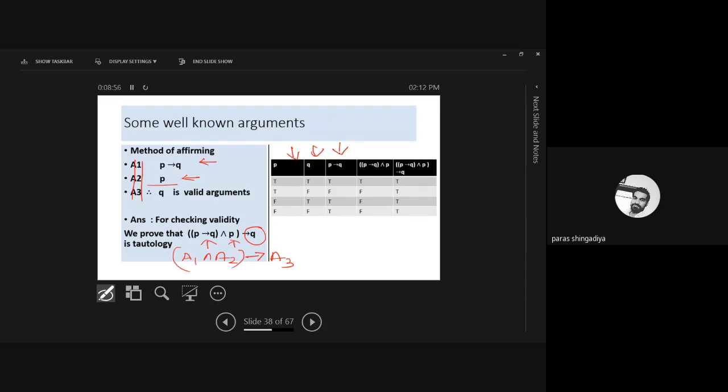Then we'll find A1 and A2. A2 means the answer of P. This is A2 and that is A1. So apply the AND operator between A1 and A2. As per the rule of conjunction, if both values are T, then it will be T; in all remaining cases it will be false.